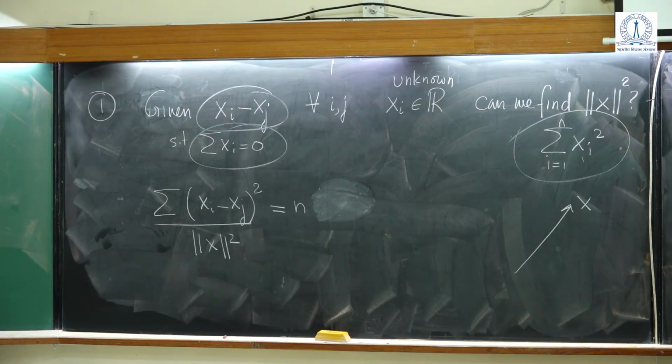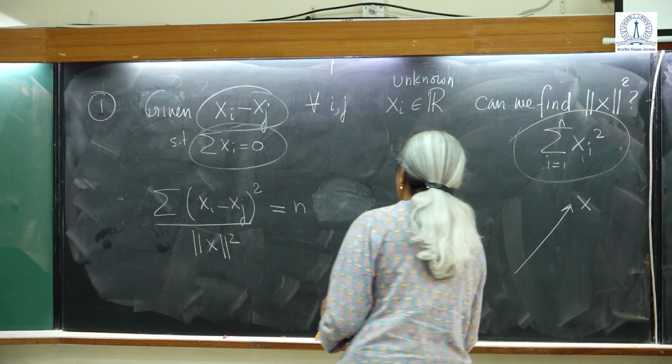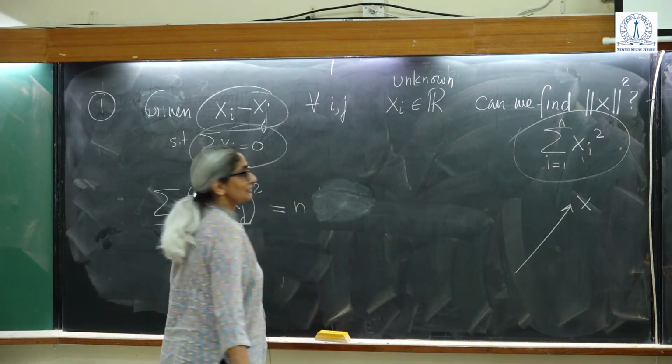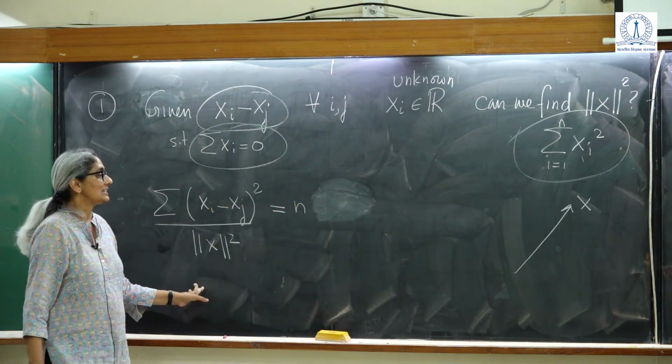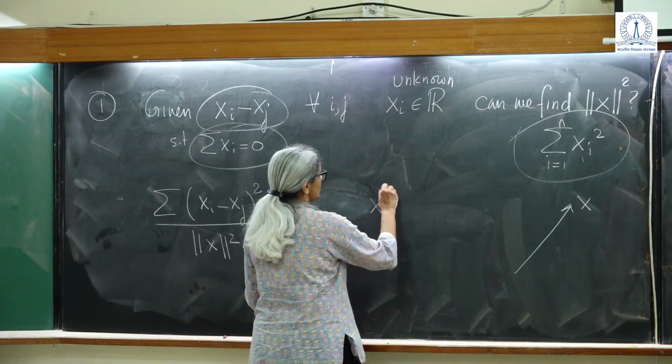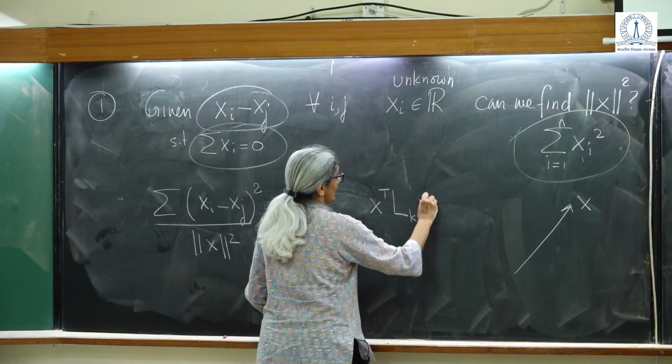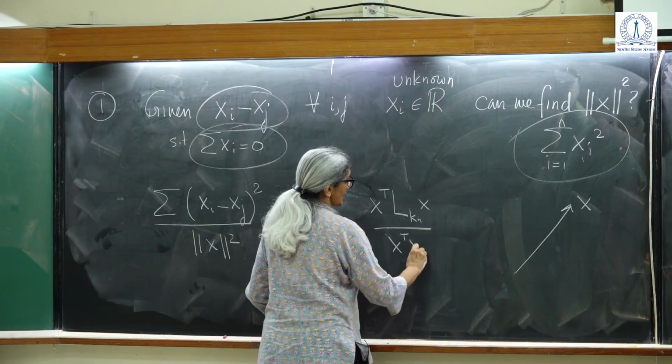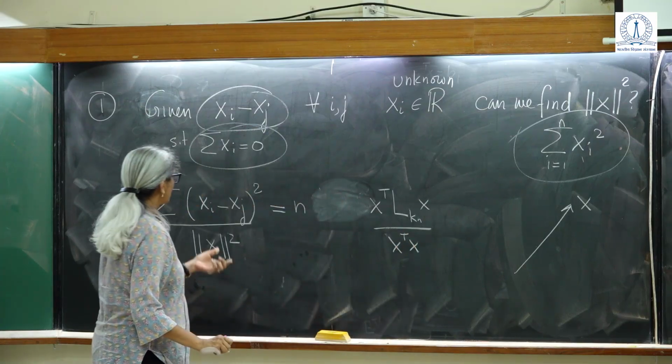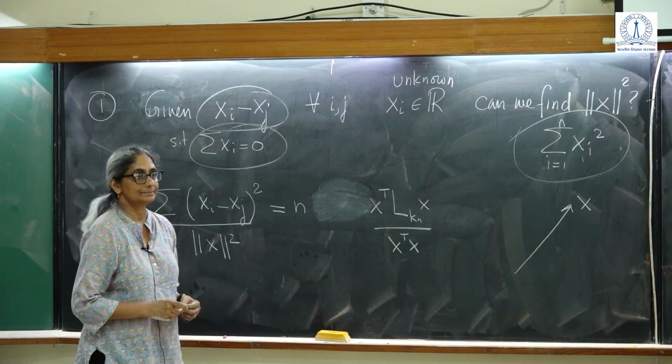Okay, Rayleigh quotient. It's a Rayleigh quotient of the complete graph, right? So this is really the same thing as x transpose L_Kn x divided by x transpose x. But what's the x that we have to plug in here to get n?